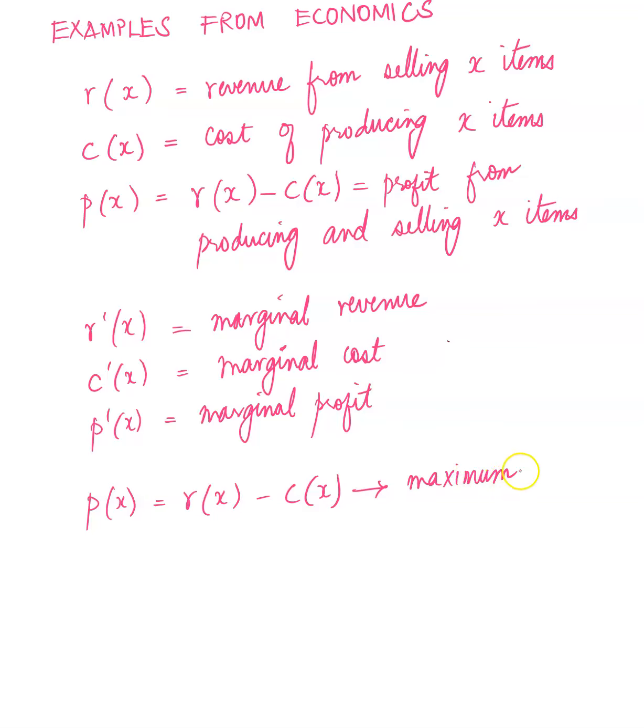We want your profit to be maximum. This has a maximum value at the critical point of P of X. Agreed? Isn't it? That's where you have the maximum value, absolute maximum, absolute minimum. So in this case, profit. So it will be the maximum value at the critical point.